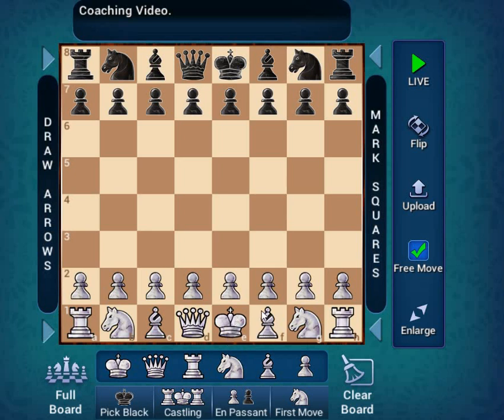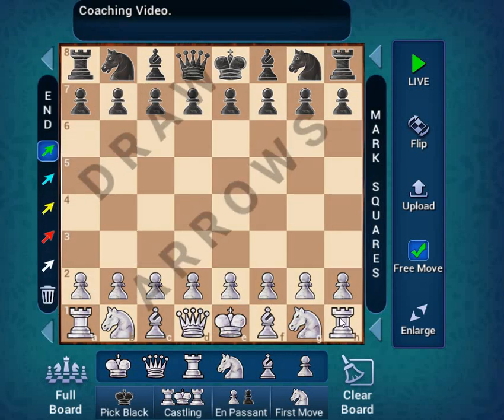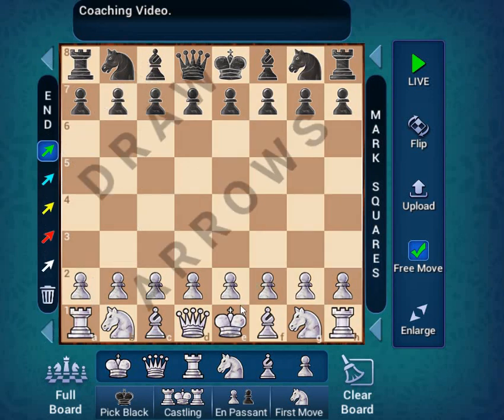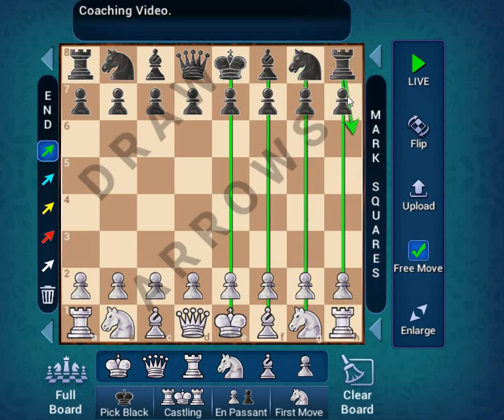So the king side of the board means the side from where the king is. The king side of the board, the ones which I am marking right now with the green arrow mark, so these 4 files represent the king side of the board.